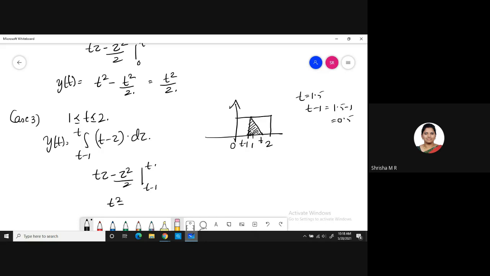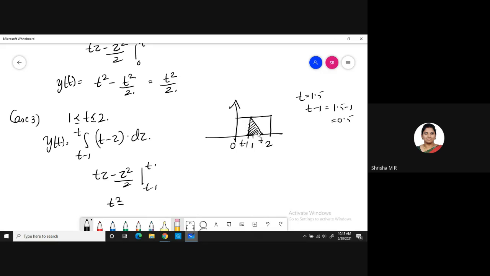Our whole ramp signal is inside this rectangle. What is the overlapping space? The whole ramp signal is overlapped inside this rectangular signal, correct? So it is from t minus 1 to t. If t minus 1 was somewhere less than 0, then it's not overlapping. But t minus 1 is also overlapping with this rectangular signal. Both the t term and the t minus 1 term are inside this rectangle.